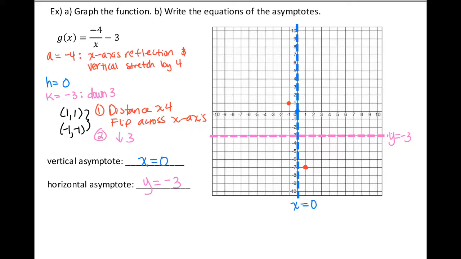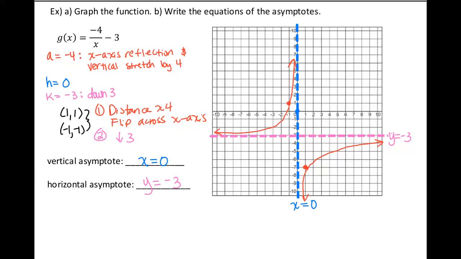So then grab your pencil, and then you're going to draw the curve next to the asymptotes going through the point. So again, anytime you have an A value and H's and K's, you want to make sure you do the A's first and then the H's and K's.